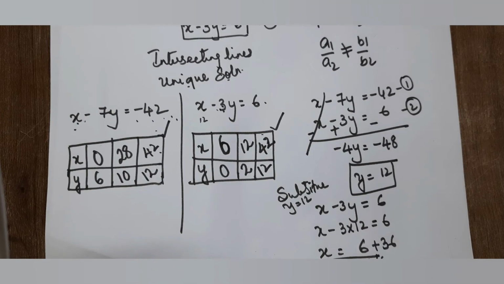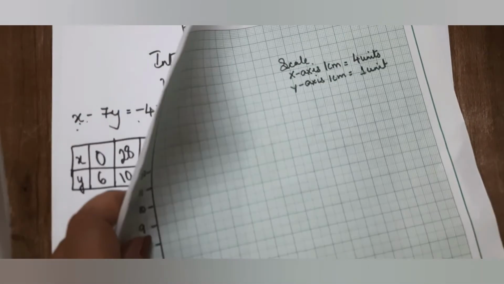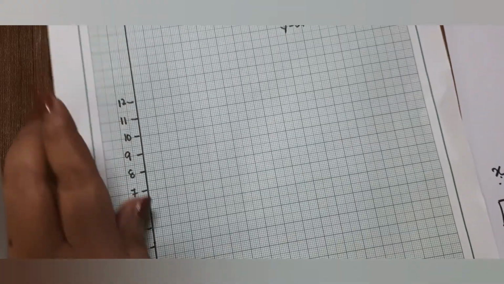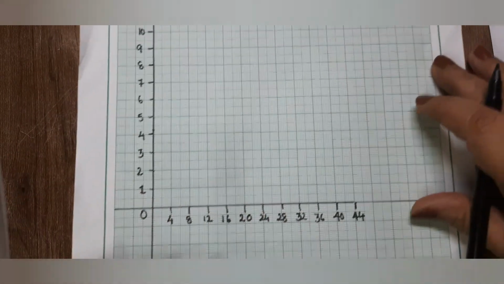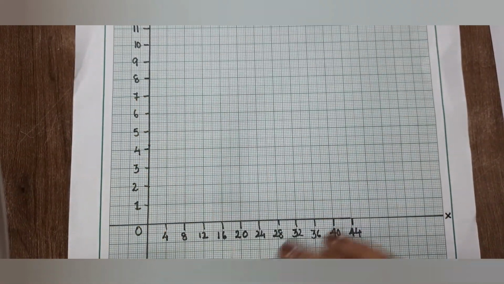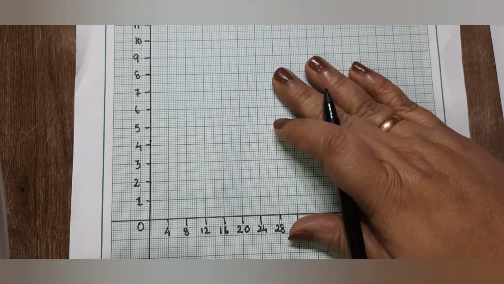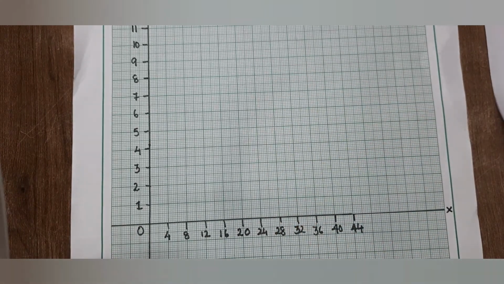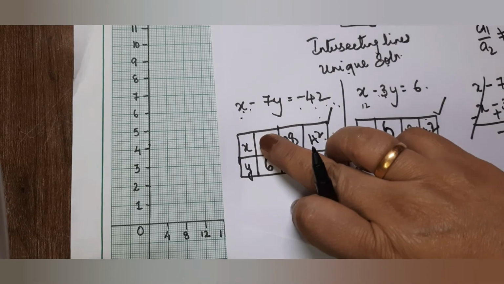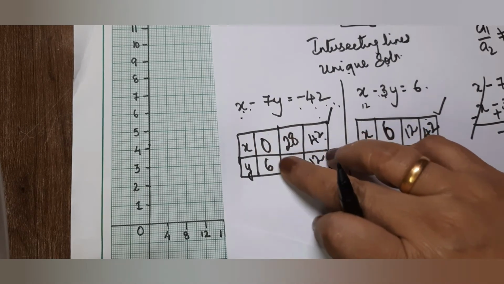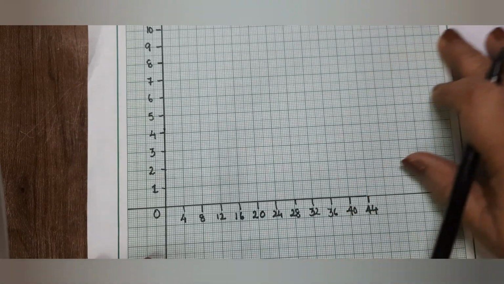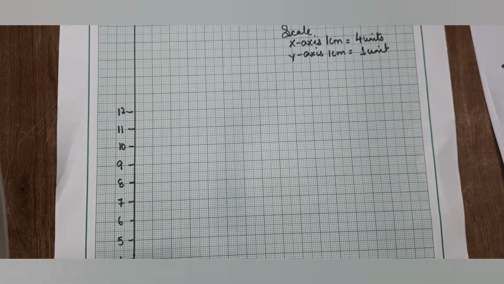So let us now plot these points. When you take the graph here, since we don't have negative values, I've just drawn the first quadrant. For the first box, I will be drawing x and y, 0, 6. And you have to check the scale here.